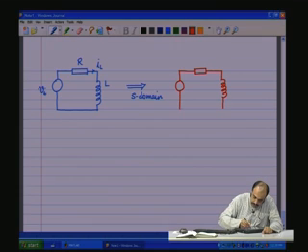Only what is going to change is the way you represent the variables. So, it is Vi, now it is Vi(S), R still remains as R.